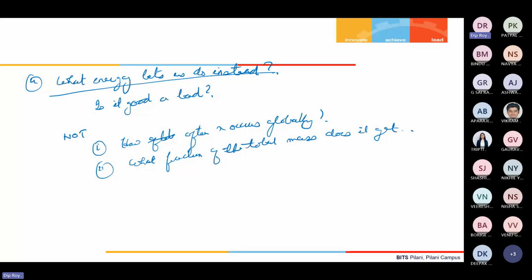And now you see a particular trend here. From an energy perspective, it's a much simpler approach. We are saying x1 is better than x2, x2 is worse than x1. We don't want to know what fraction of the total mass x1 has and what fraction x2 has.